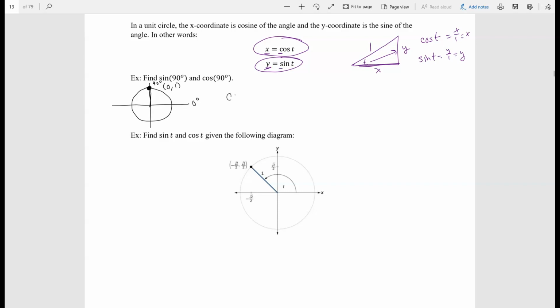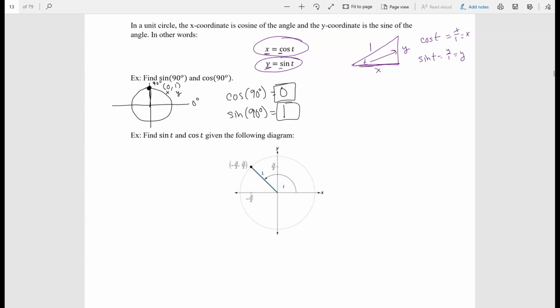So the cosine of 90 degrees is going to be the x-coordinate, which is the first number, 0. And the y-coordinate is going to be the sine. So the sine of 90 degrees is going to be 1. Oops, that's wrong. It's going to be the 1. Okay, so that's what the answers are.